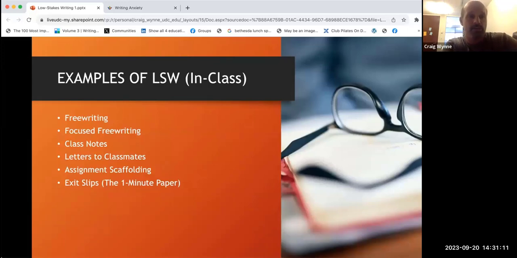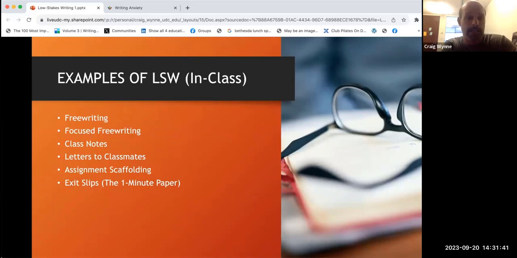So as an introduction to making arguments, I ask students to write about a time they've been in an argument or have had a disagreement of some sort. And they write about what their position was, what the other party's position was, and was there a winner, or did they come to some type of compromise? So that's how I like to use focused free writing, just by giving students some type of question to focus on.